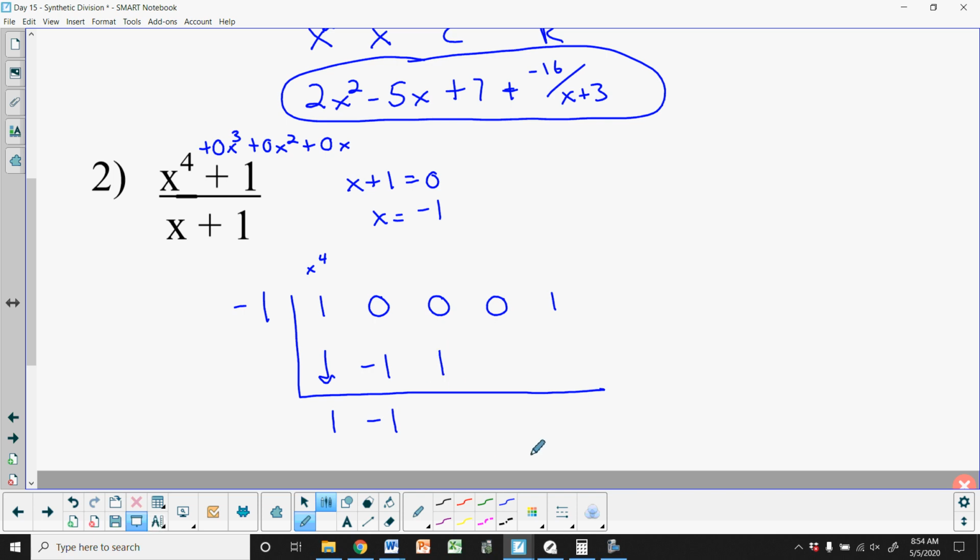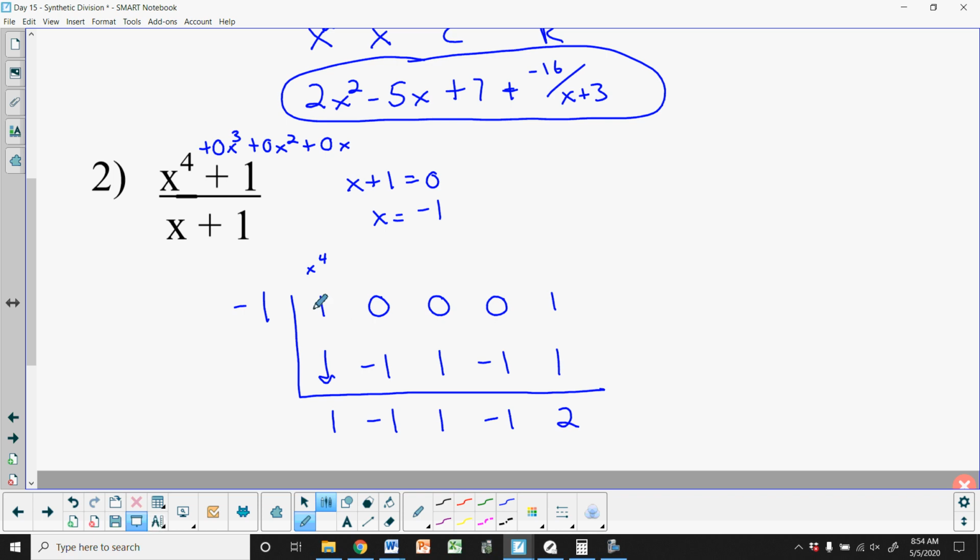Then what do we do? We add the column, so 0 plus 1. And then next, that's right, we multiply -1 times 1. And then, that's right, add the column, 0 plus -1. Then what do we do after we add the column? Multiply. And then what do we do next? Add the column.